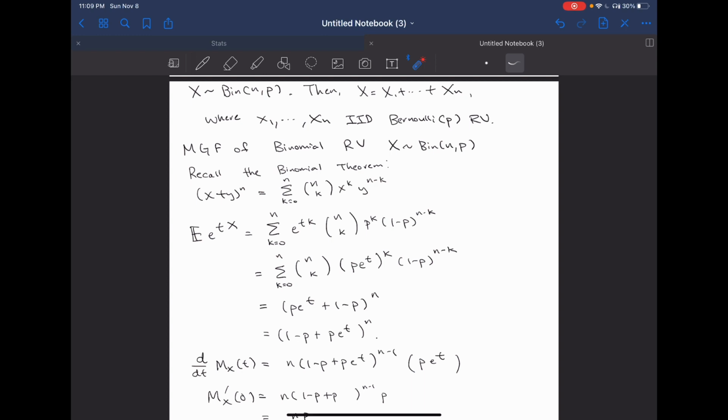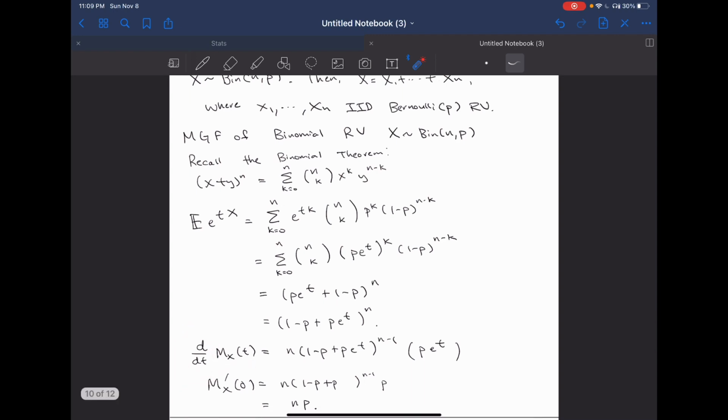Now, we love the MGF because if the MGF exists, then we can take the derivative with respect to t of the MGF. We can use the power rule here: we bring down the n, and then we have an n minus 1 power of this expression. Then we apply the chain rule to take the derivative of the expression inside.